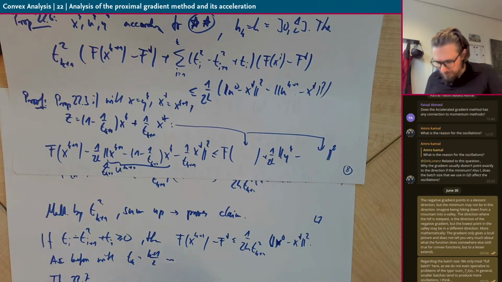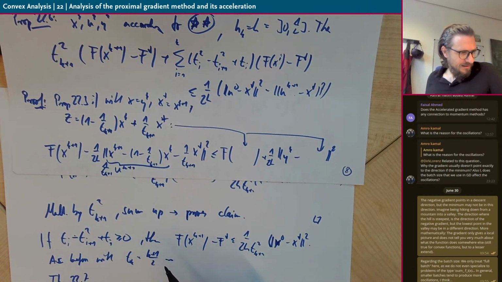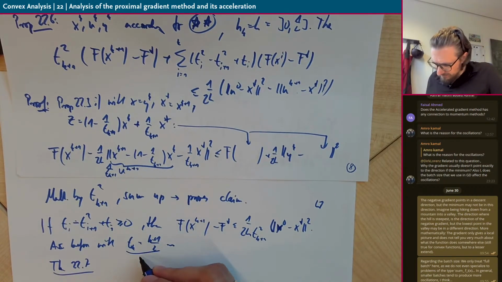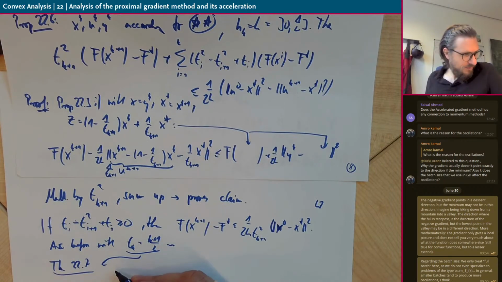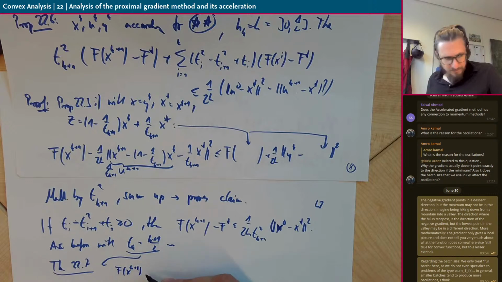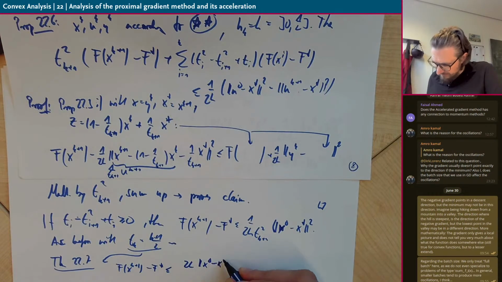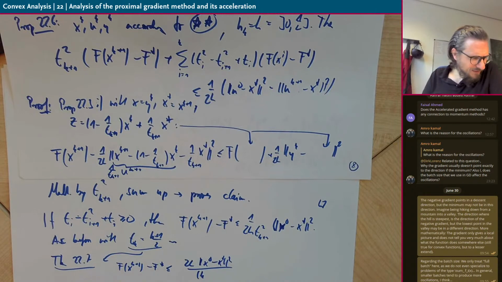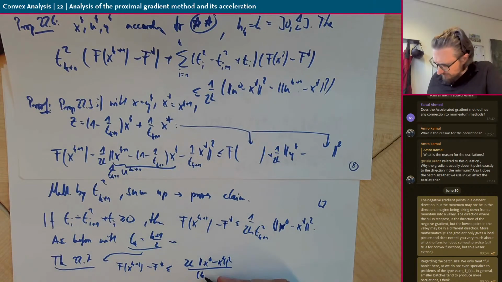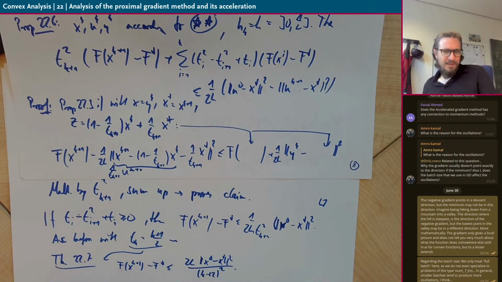Maybe I should do something about it. So with this here, we get that f of x_{k+1} minus f star is smaller equal to L x_0 minus x star squared over k plus 1. Now it's k plus 2. Why is it k plus 2? Let me see. K plus 2 squared.